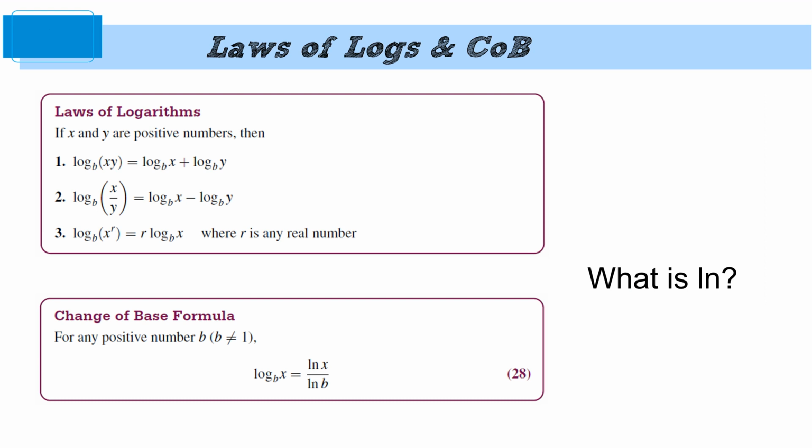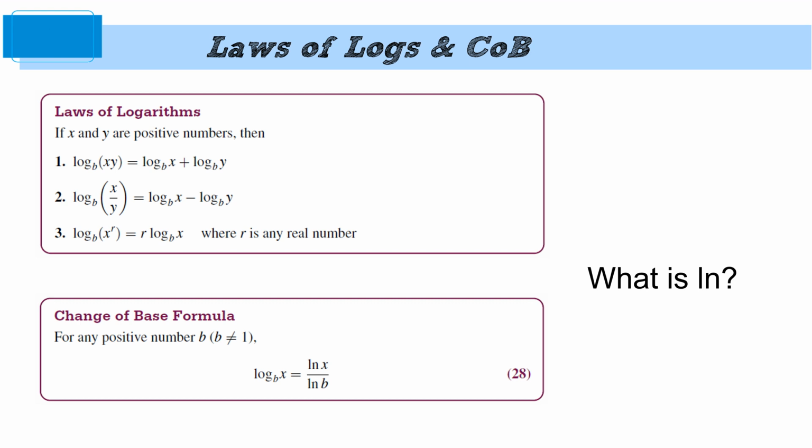You'll recall, with all the fun that you did last year with logs, if you take the log of a product, it is the sum of the logs. If you take the log of a quotient, it's the difference of the logs. Okay? And then last but not least is change of base form, especially when we get to stuff with calculators.